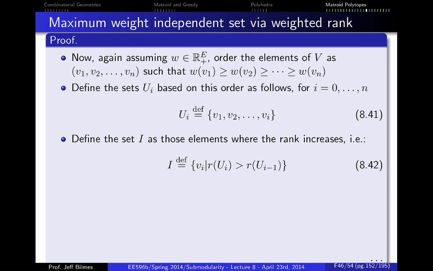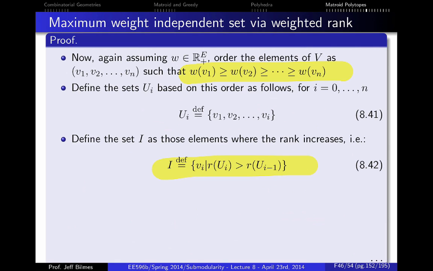Now we're going to define a set I as those elements where the rank increases according to this order. So it's one set, I, and remember, we're ordering the elements in this particular case in decreasing order.